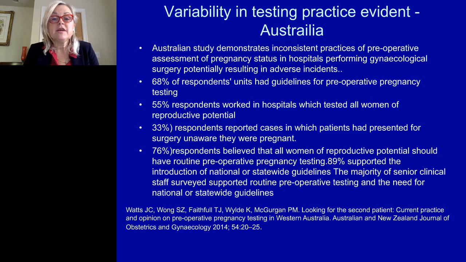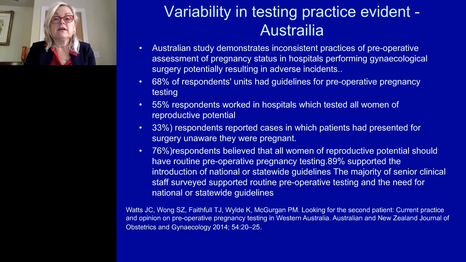So 68% of these respondents said that they had guidelines for preoperative pregnancy testing. 55% said all women of reproductive age are tested, and 33% said that they had seen patients who had presented for surgery unaware that they were pregnant, and generally about 3/4 felt that all women of reproductive potential should have routine preoperative testing, and 89% supported the introduction of national or statewide guidelines. So that was very interesting.